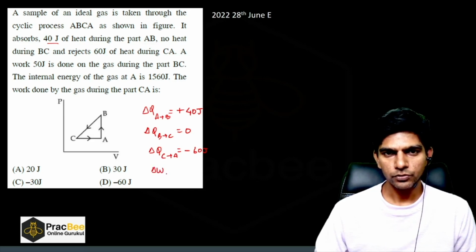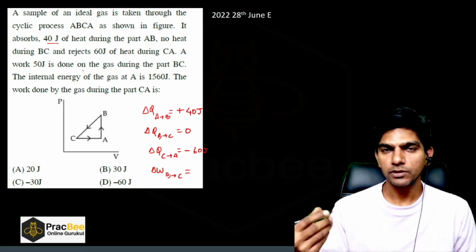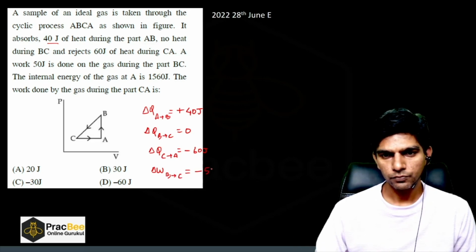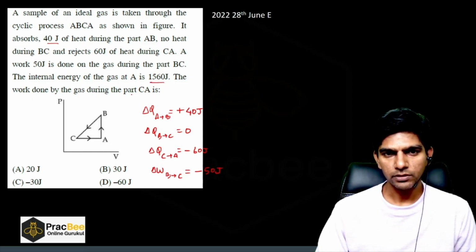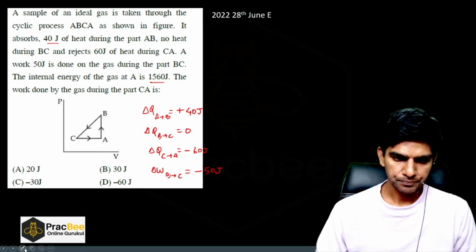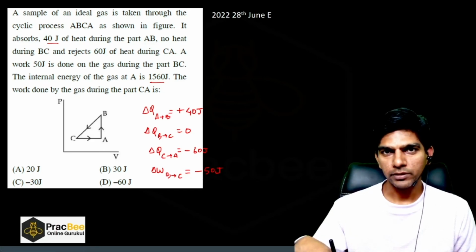So work done for the part BC will be work done on the gas. Work done on the gas means the work done is negative. So minus 50 joules. And the internal energy of the gas at A is 1560 joules. The work done by the gas during the part CA is asked. Okay. Now in a cyclic process, since we are coming back to the same initial state, there is no change in the internal energy.